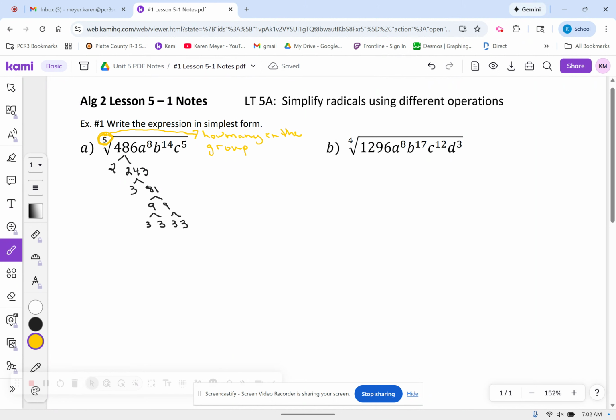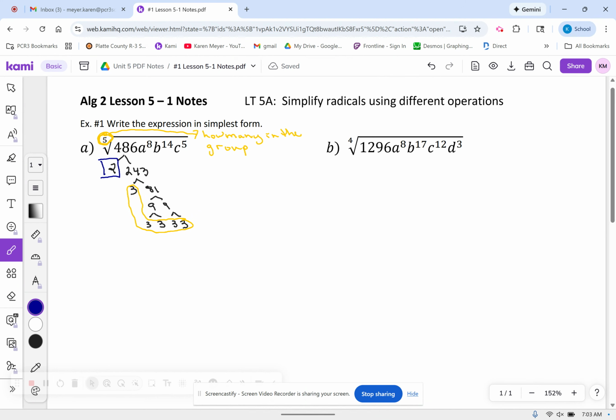So then I look, I have 1, 2, 3, 4, 5 3s. That means I get to put one 3 on the outside of the fifth root. And then your single numbers, or ones that you do not have a group of 5 of, go on the inside of the root, which is my 2.